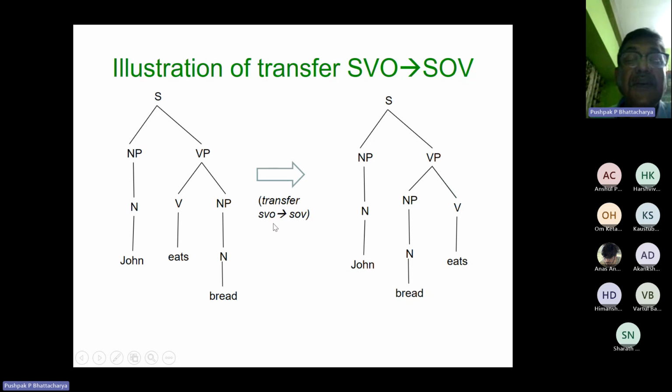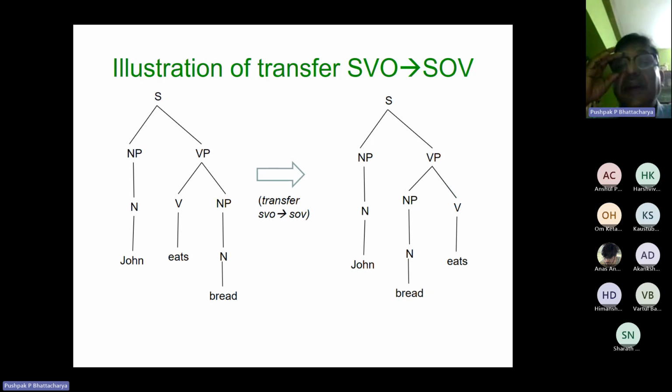So the transfer rule is making use of the knowledge that English is SVO, Hindi is SOV. So V and NP being interchanged in terms of position is called a transfer operation, and it is a rule-based operation. Okay, it is saying that go to the verb phrase, look under it, V and NP, just interchange their positions. That's the transfer operation.